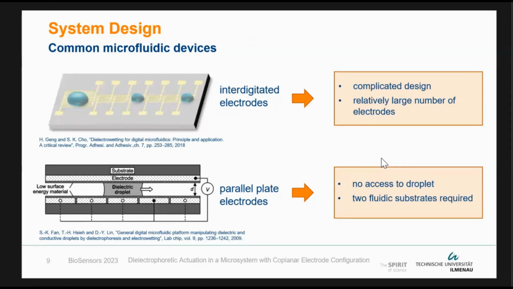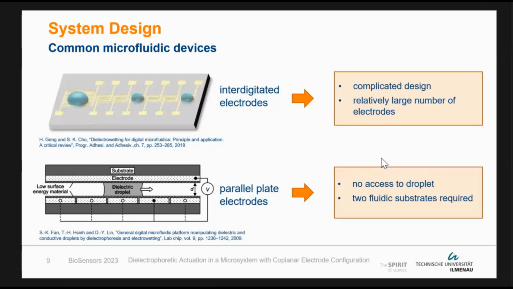This has the advantage that it's a planar design, but it requires a relatively large number of electrodes. As we can see here, each electrode to drive the droplet to the next position is divided into two sub-electrodes. That means in the end, we end up with a relatively large number of electrodes that have to be contacted.